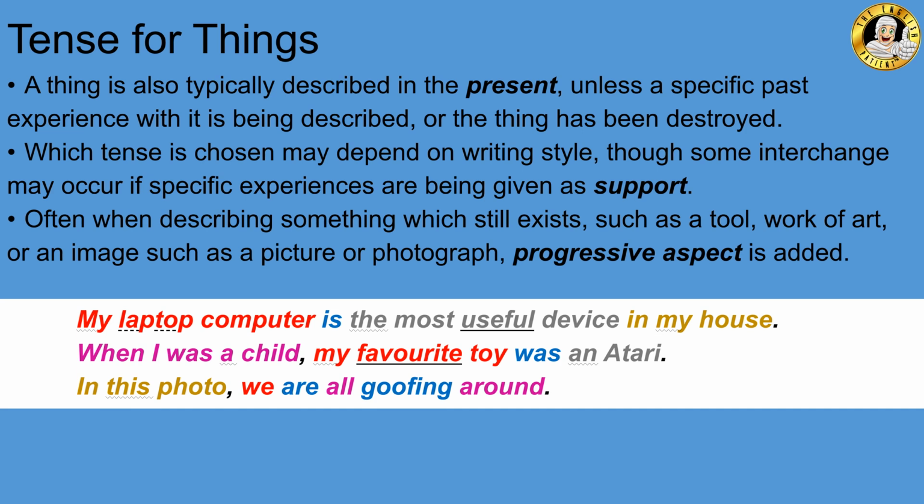In this photo, we are all goofing around. Goofing around means having fun and playing. So using the be verb with the ing form, so "are" as the finite verb, or the verb showing tense, and then "goofing" to show together the be verb and the ing, showing that this is an action form. And we'll commonly use this for pictures.